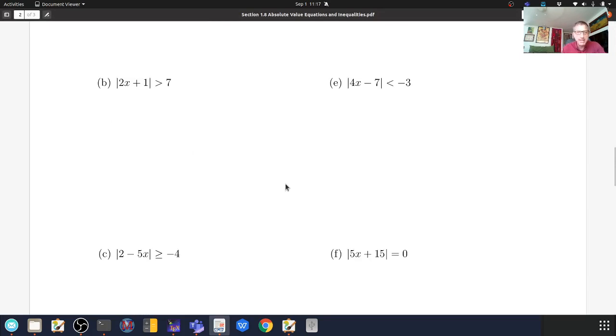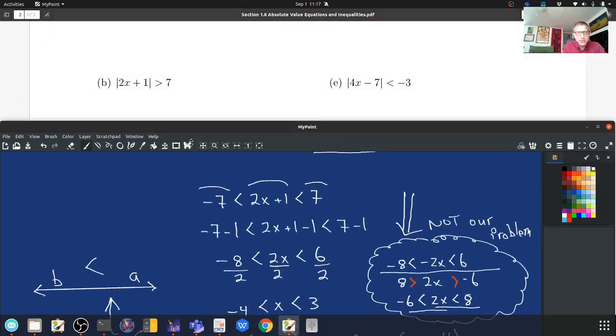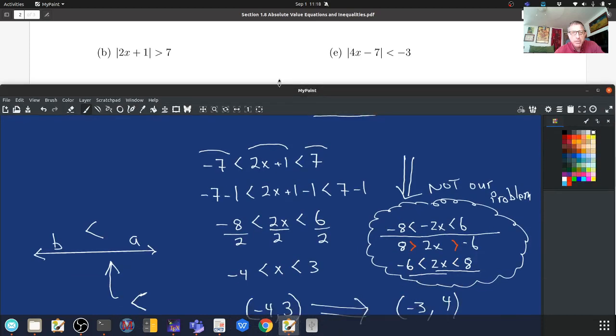Okay, so let's do number B. Now number B has to do with row 4. So you might want to bring up row 4.